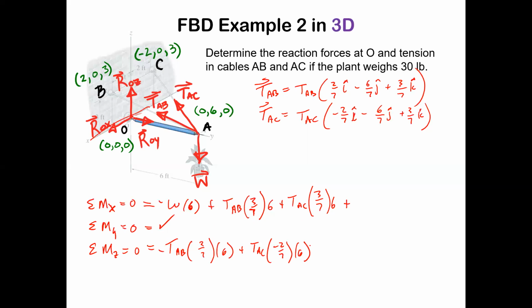But actually, we don't worry about the signs. This can get a little confusing. So then that basically is going to be plus, and that's going to equal 0, and that's going to tell us that TAB equals TAC. And that means we can solve for these, because those are the same. Then each is going to be equal to 35 pounds.